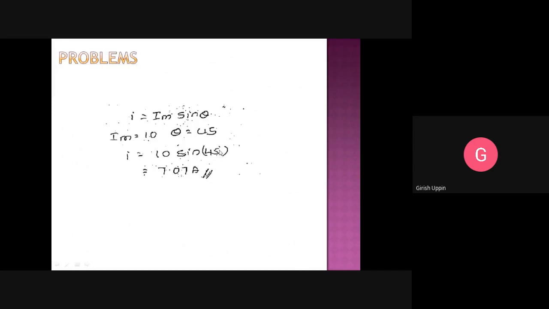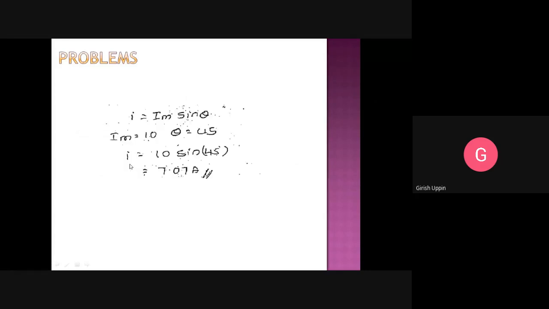You know that it is 45 degree into pi by 180 degree. So that is pi by 4, that is the radians. You get the answer as 7.07 amperes. What is the meaning of that? When we have 45 degrees, the instantaneous value of the current is 7.07 amperes.